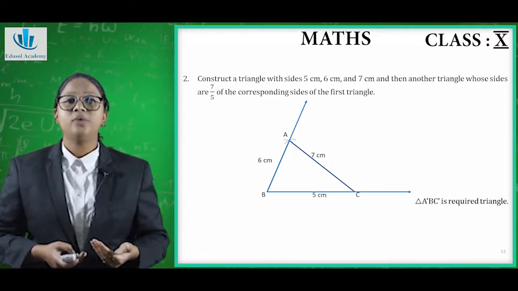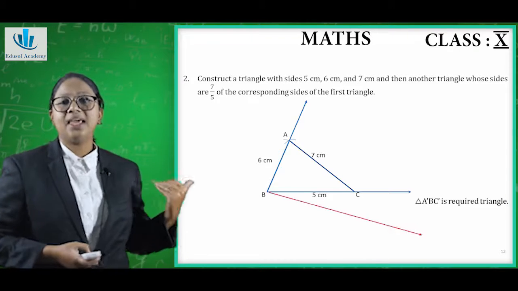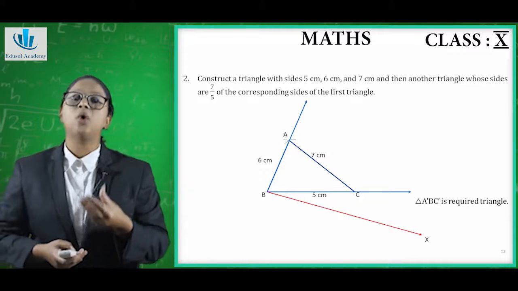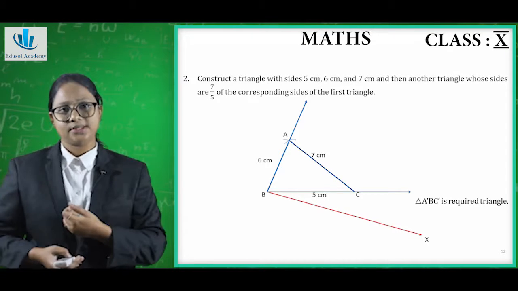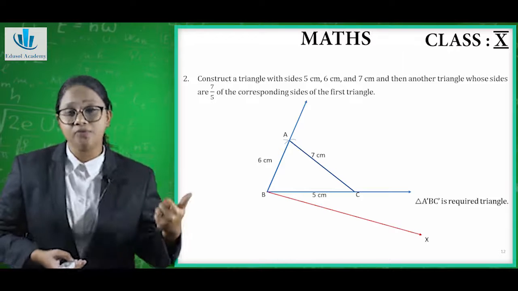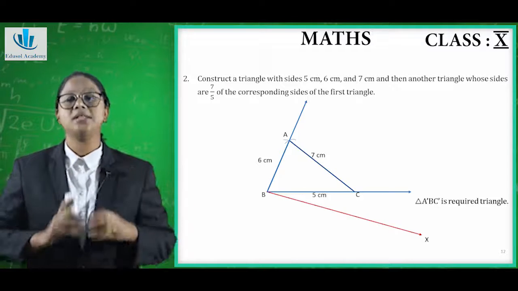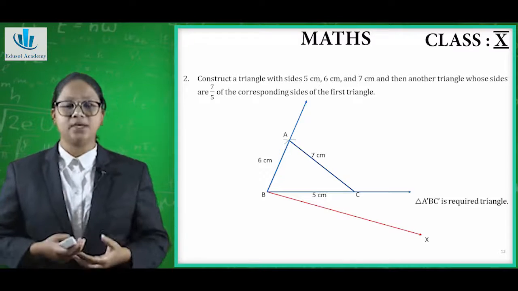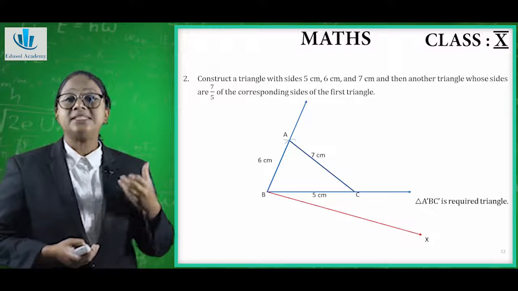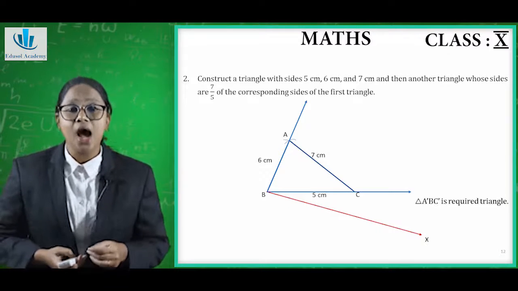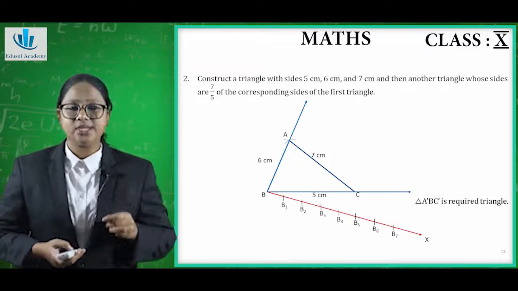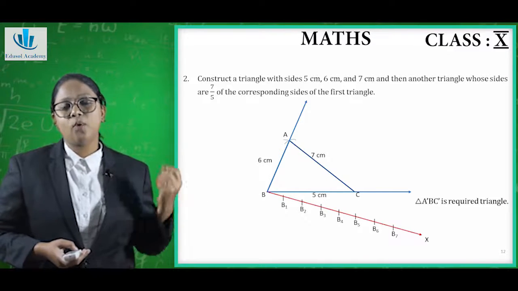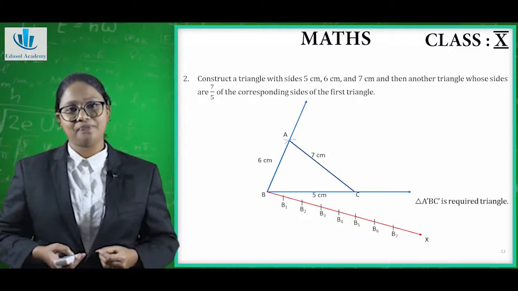So for that we have to construct a line BX. How many divisions do you think will be needed in BX? Unlike division of a line segment, we don't have to add them. All we have to take is the greater number in the fraction. So in this fraction, 7 is the greater number. So we are going to take 7 divisions in BX, namely B1, B2, B3, B4, B5, B6 and B7.